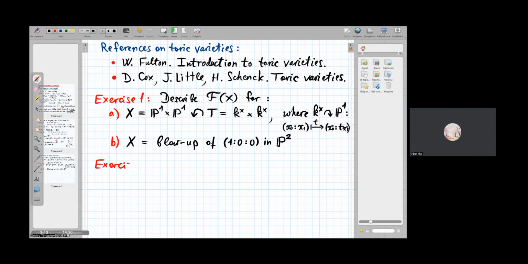invariant valuations, T-invariant valuations, exercise 2. So let us take a T-invariant valuation corresponding to an arbitrary lattice vector in the dual of the weight lattice, for any v in lambda star.